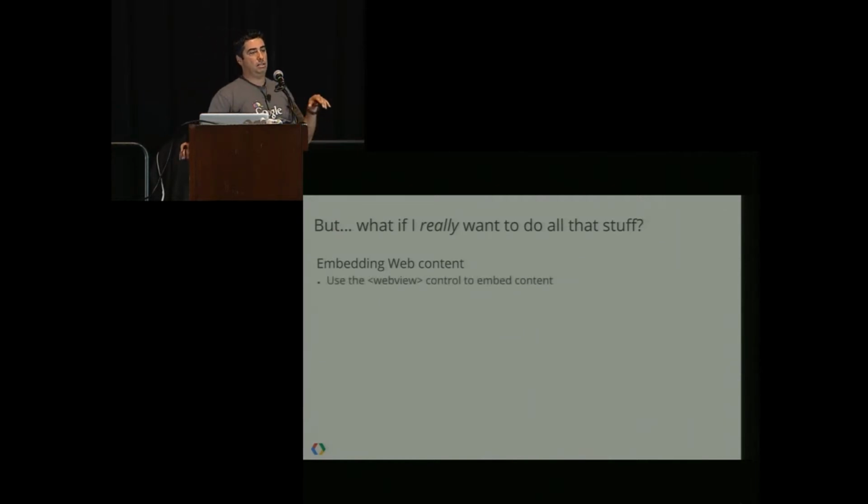We provide a dedicated web view control for showing web content inside your app. It's basically embedding Chrome inside of Chrome. And it gets kind of inception very quickly, but it's really cool. So you can, and again, postMessage works, so you can communicate between the two. You can also execute script in the context of the web view, which is really nice.